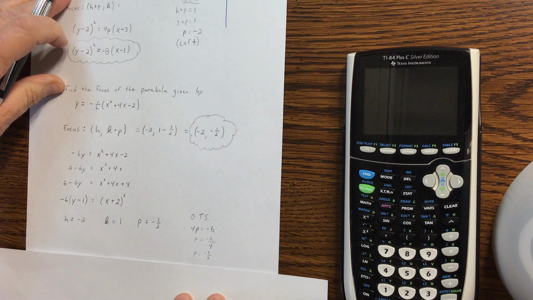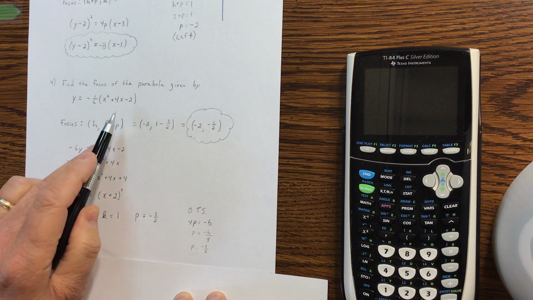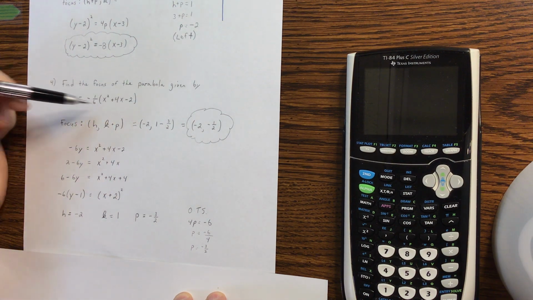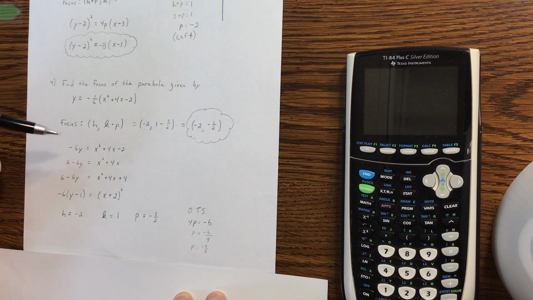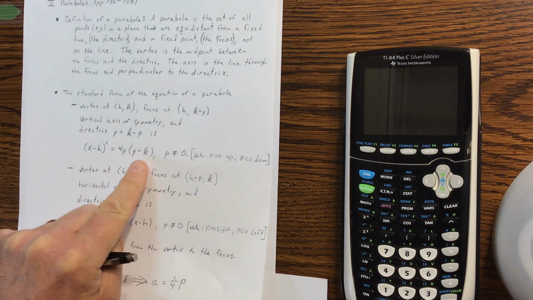So the next part is just doing our math. Well, how did I know all this? We have to take this type of equation and put it into this form right here.